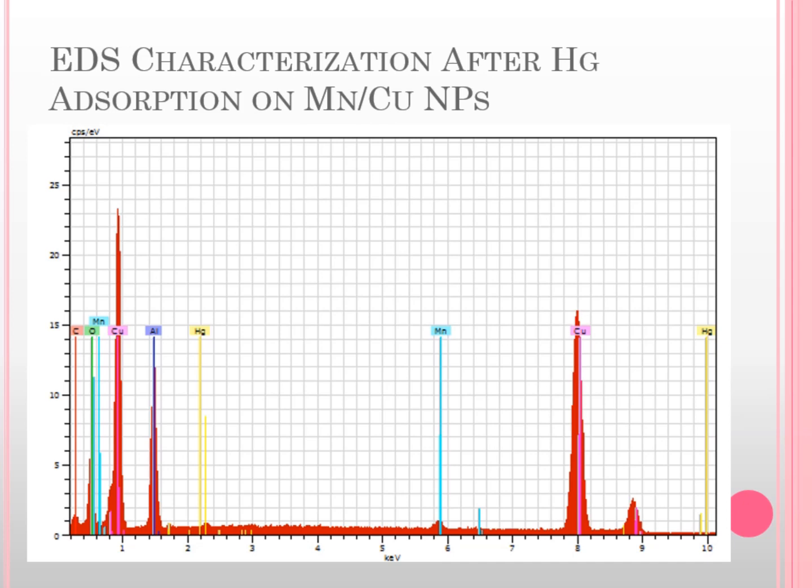These EDS results show that there are good peaks of manganese and copper, which shows that the manganese copper nanoparticle was formed successfully. And after adsorption, you can see the mercury peaks in this graph, which shows the successful adsorption of mercury on these nanoparticles.